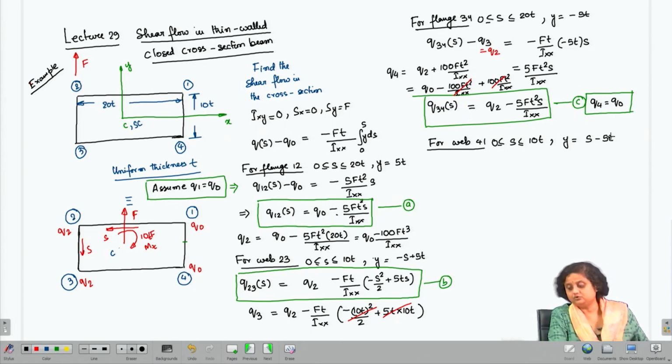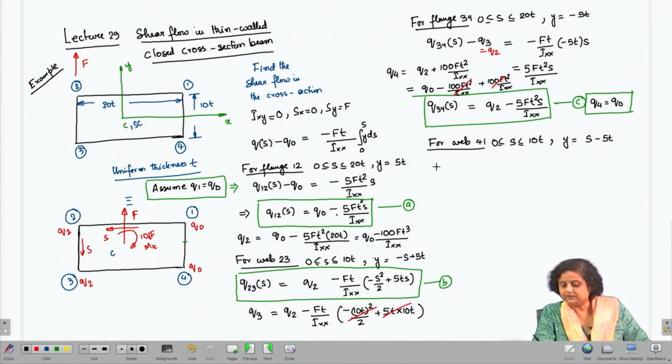When S is equal to 0, y is equal to minus 5t, and when S is equal to 10t, y is going to be plus 5t. So, that is what we have, and then let us try to evaluate this.